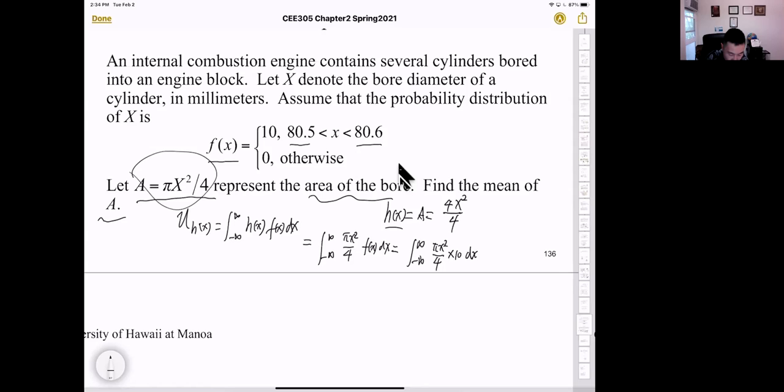Then we can just do the calculation. The mean value turned out to be 5096 square millimeters.